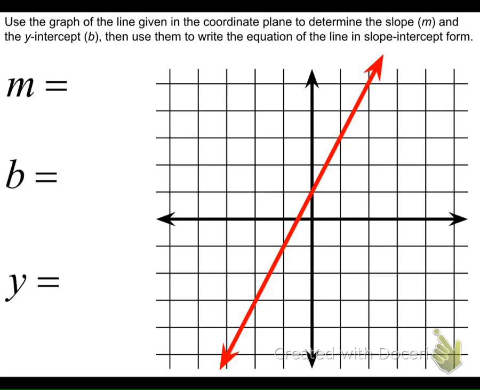So what do we do? What's the first step in finding a slope of a graphed line? Right, but we have to find something before we can determine the rise over run. Right? What do we have to find?